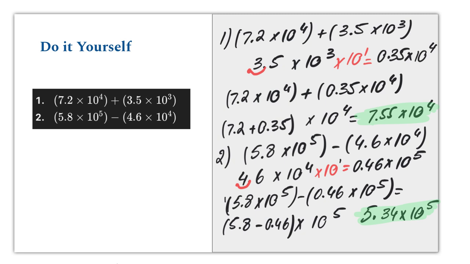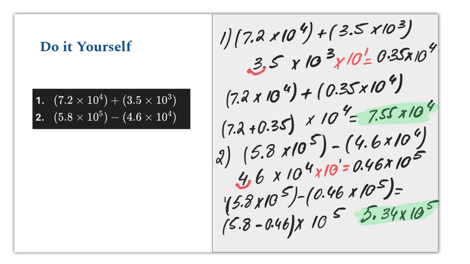Okay, so let's go over some of the common mistakes that I see. Students usually try to add without matching the exponents. They move the decimal in the wrong direction when rewriting, and they forget to recheck if their coefficient is between 1 and 10.